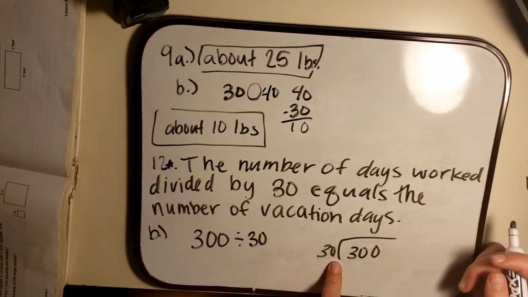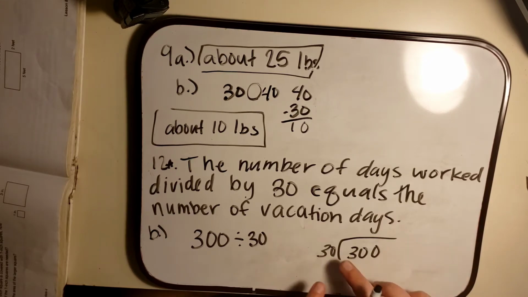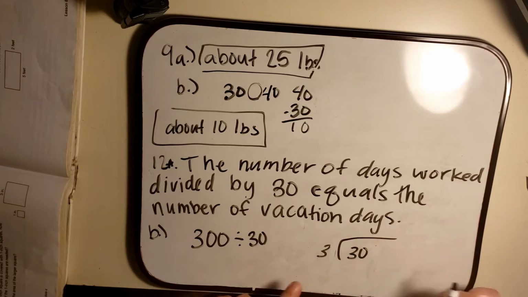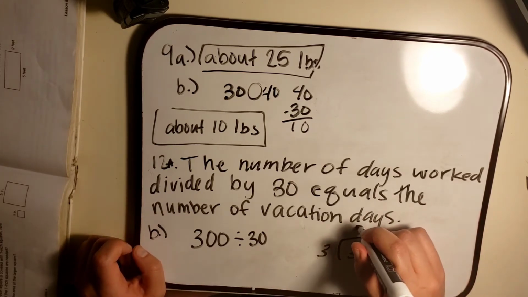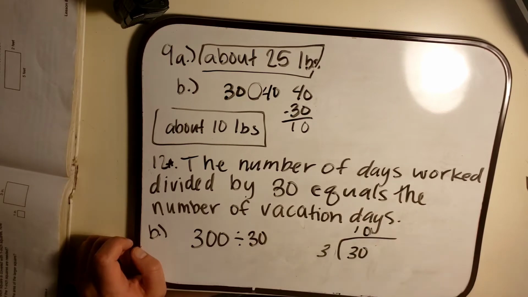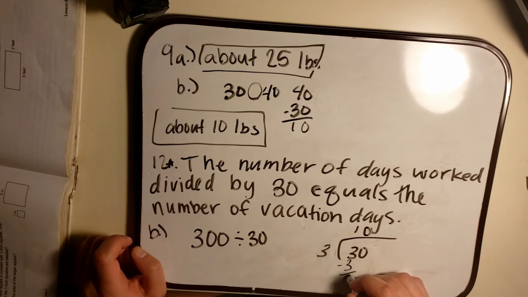Now when we have zeros in long division, if they both have a 0, you can just take that out. So 3 goes into 30 how many times? 10 times. Because 3 goes into 3 one time. 3 times 1 is 3. 3 minus 3, 0.